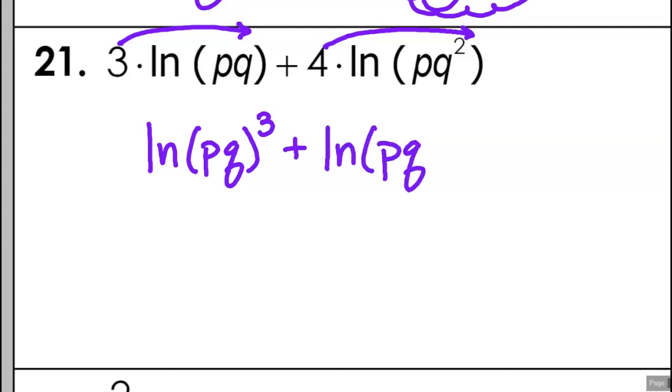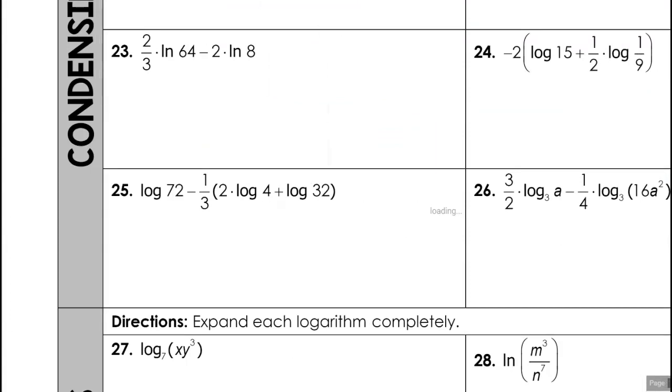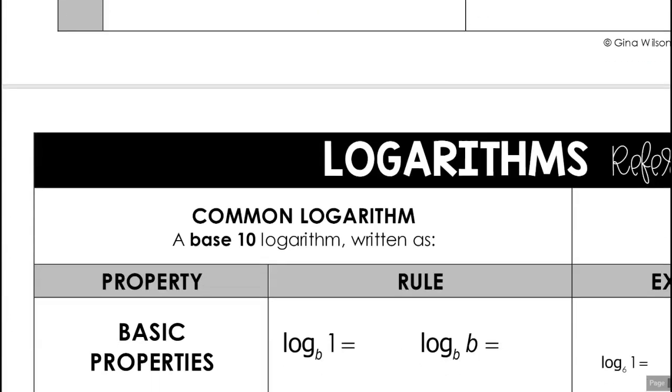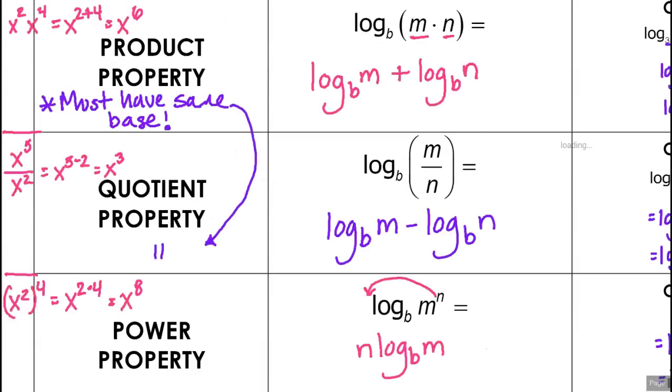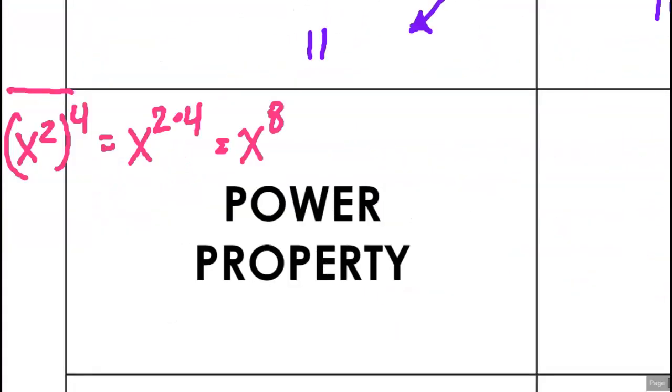Now this is another exponent property that I want to go over. I think I'll write it in the power property section. If you have two terms, both raised to an exponent, you can distribute the exponent to both of the terms.